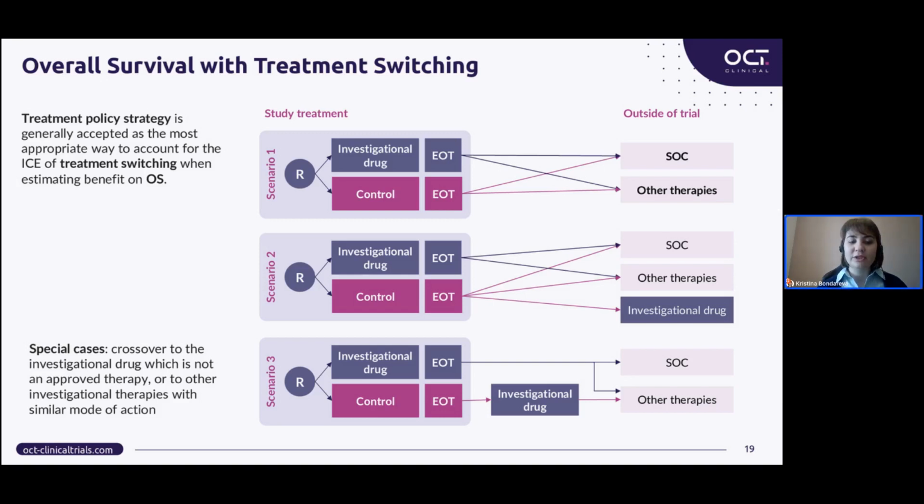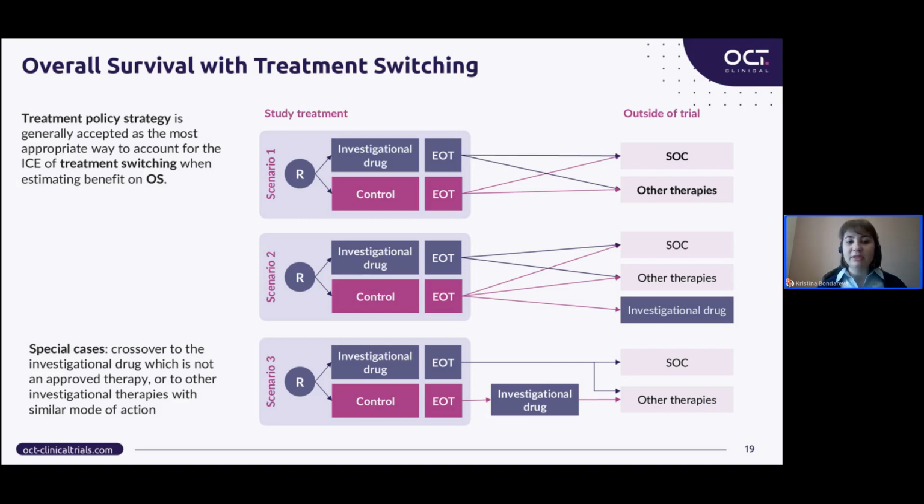The third situation is different in that a patient from the control arm may cross over to the investigational drug, which is not yet an approved therapy, or to another investigational therapy with similar mode of action.